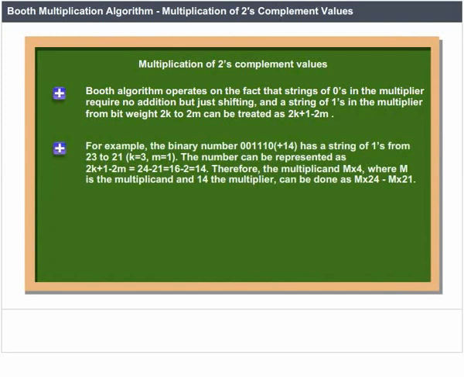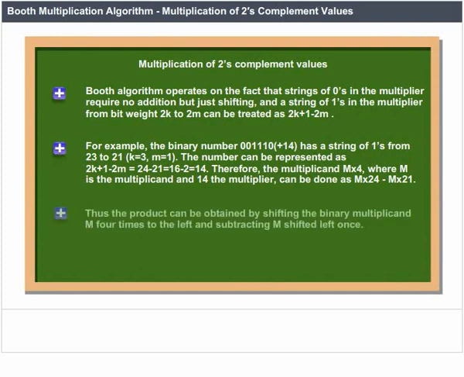The number can be represented as 2^(k+1) minus 2^m, which equals 2^4 minus 2^1, which equals 16 minus 2, which equals 14. Therefore, the multiplication M times 14, where M is the multiplicand and 14 the multiplier, can be done as M times 2^4 minus M times 2^1.